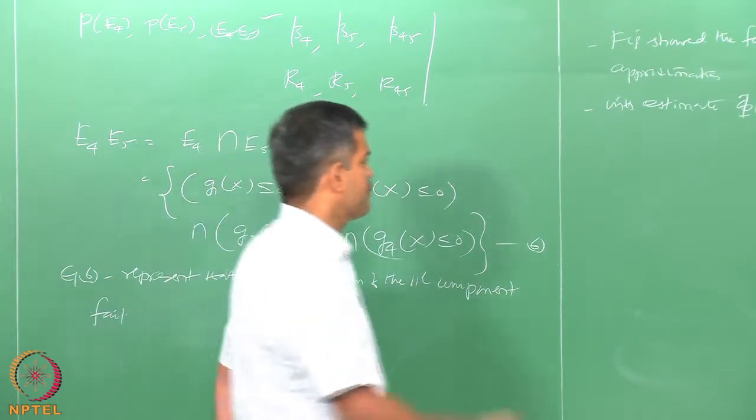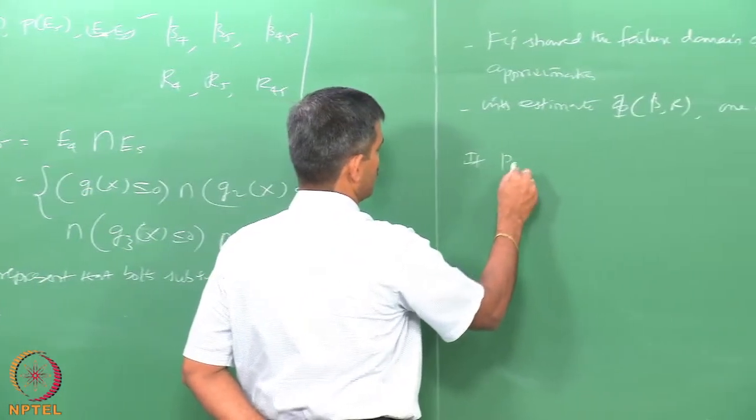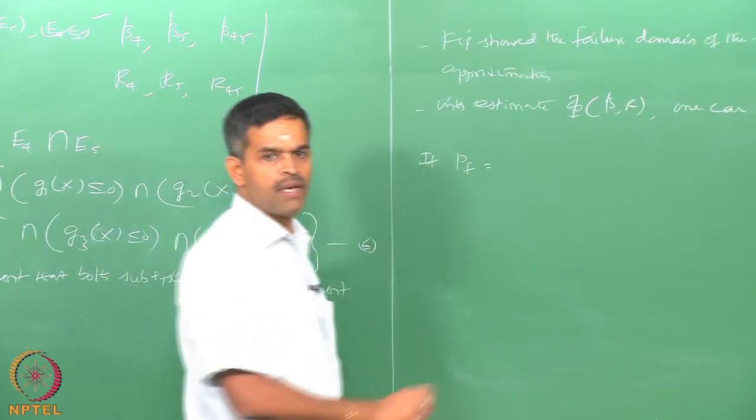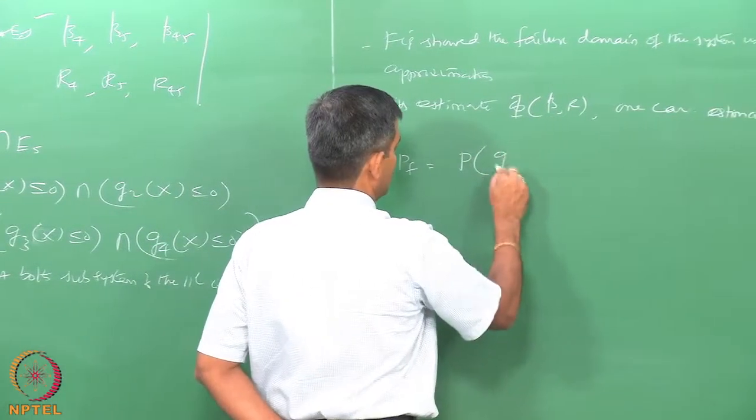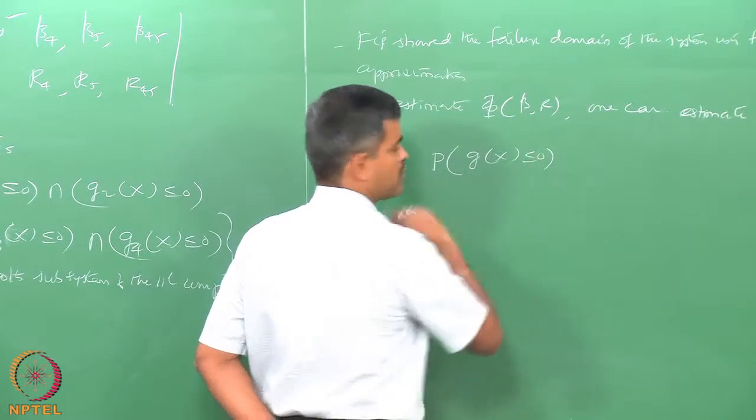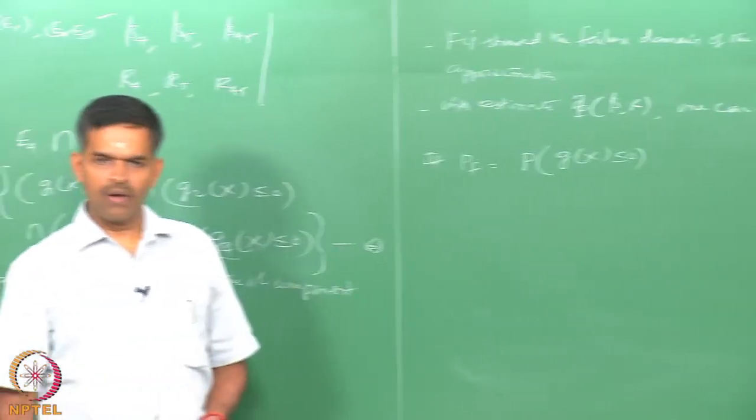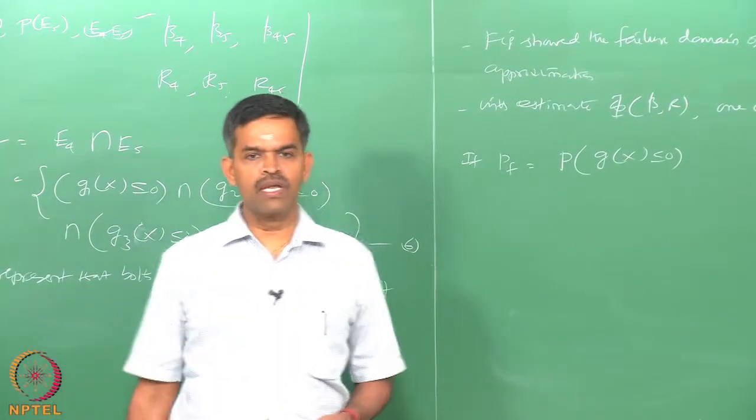Let us say the probability of failure is given by probability of, let us say, g less than 0 function for a true reliability analysis.